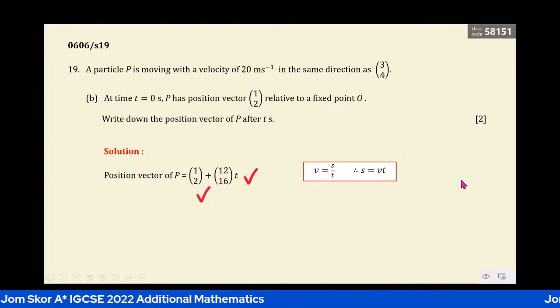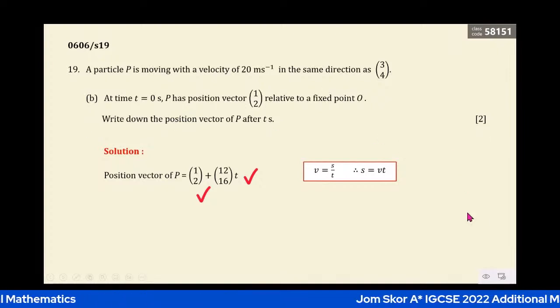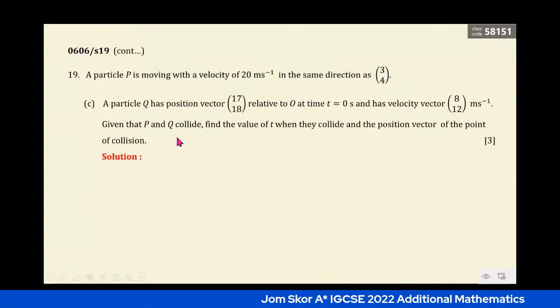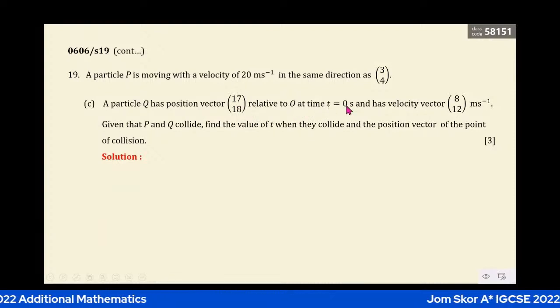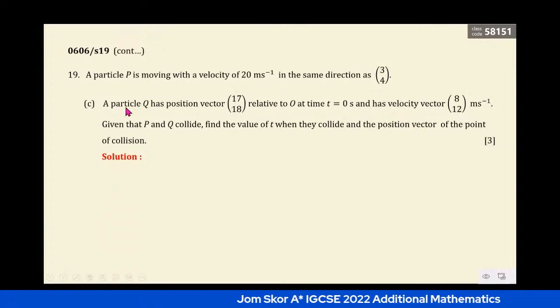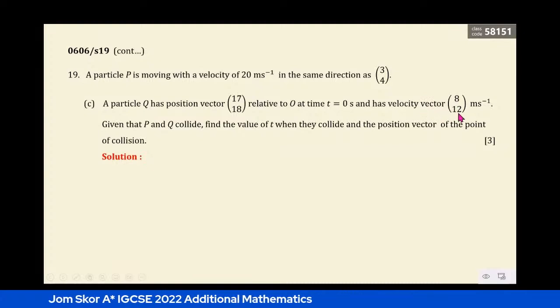Alright. So next, kita tengok 19C. Okay, kita tengok 19C. Particle Q has position vector 17, 18 relative to O at time T0. So this is the initial position vector of particle Q. Dia punya velocity vector dia adalah 8, 12.